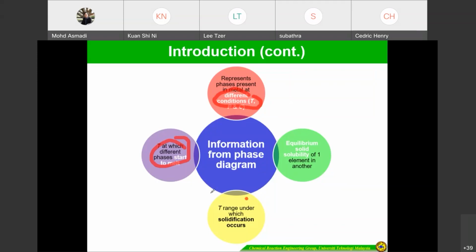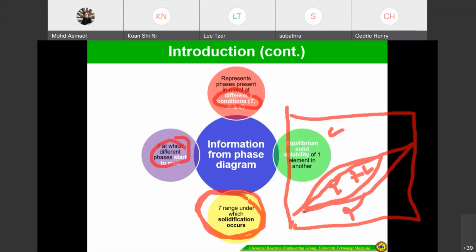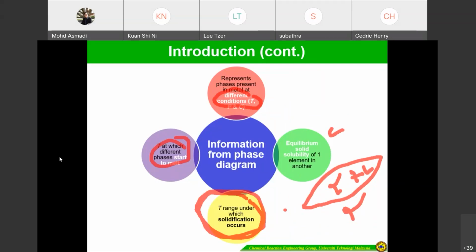The temperature range under which solidification occurs, this one we will know from the phase diagram. This region is liquid, this region is solid alpha plus liquid, and this one is 100% solid alpha.